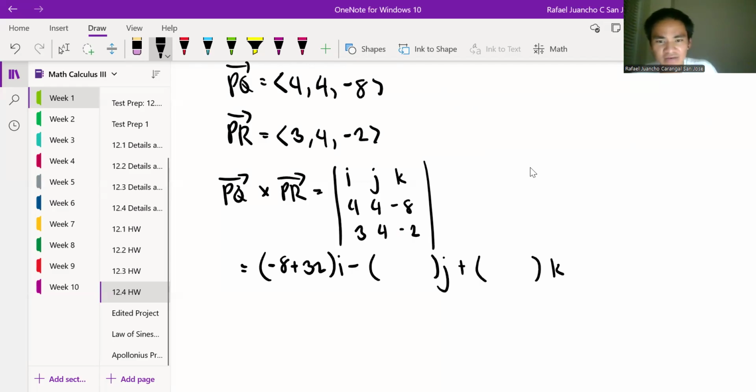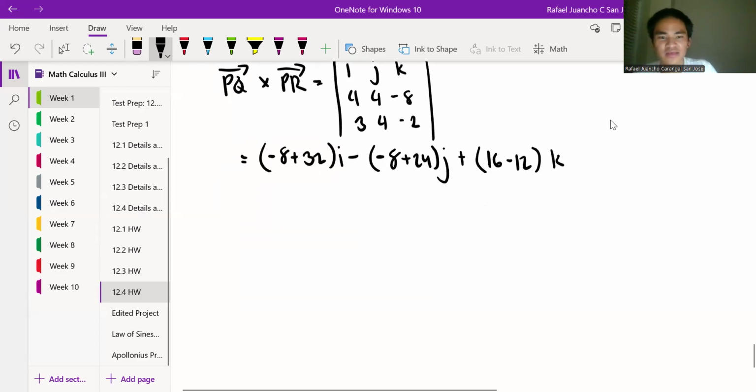For J, we have 4 times -2 is -8 again. 3 times -8 is -24, so plus 24. And lastly, for K, 4 times 4 is 16 minus 12. 4 times 3 is 12.